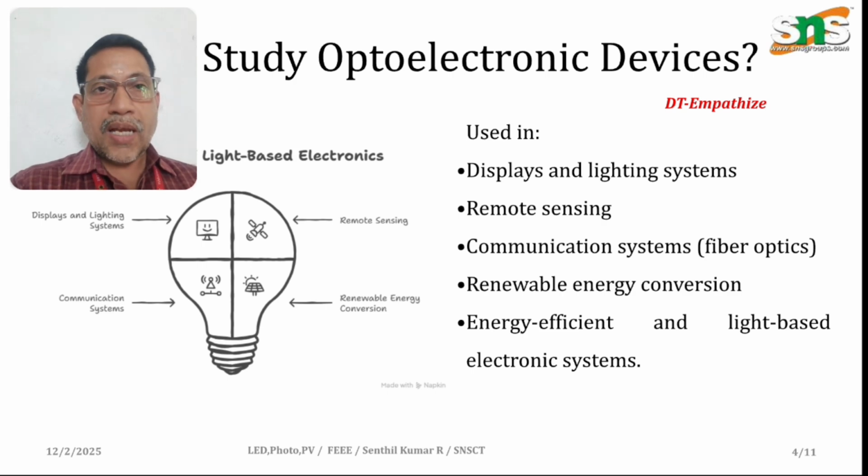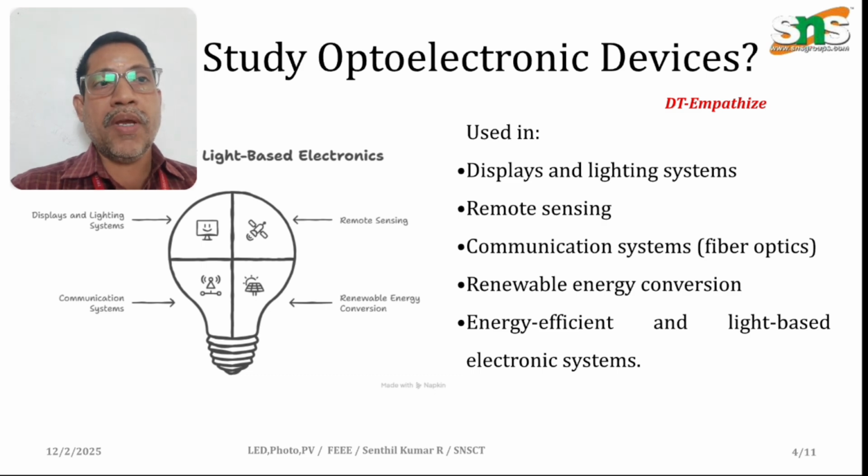When remote sensing comes into the picture, another application is controlling electronic devices or electrical parameters with the help of light. And the most important is power generation, which is renewable energy power generation with the help of solar PV, meaning the photovoltaic cell.